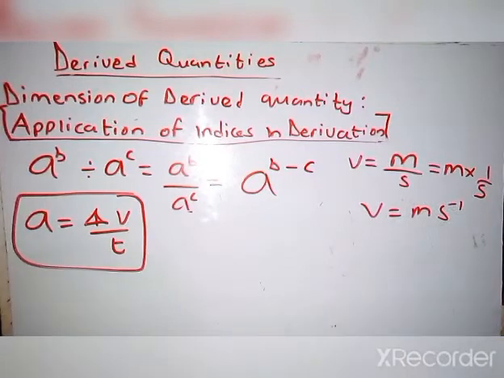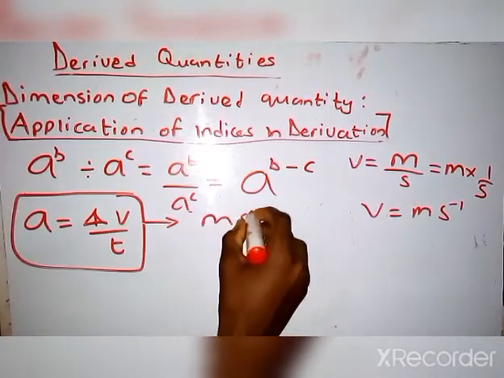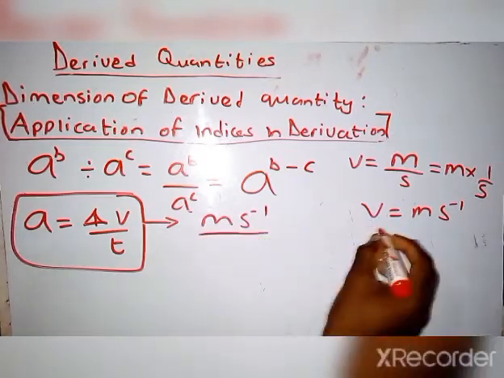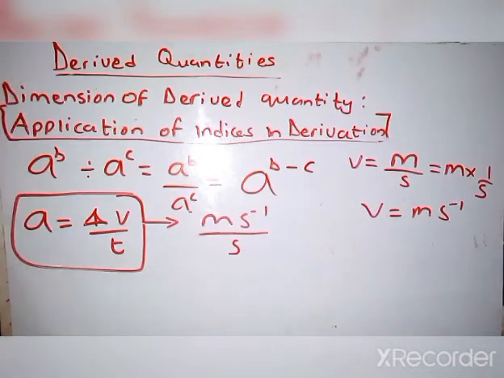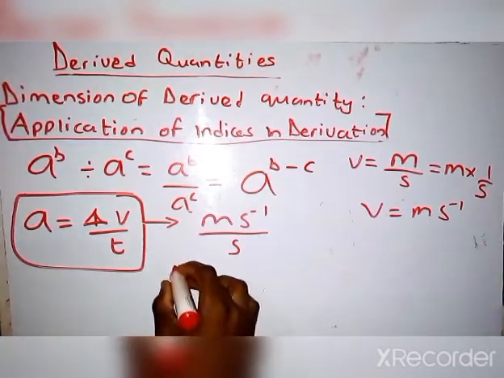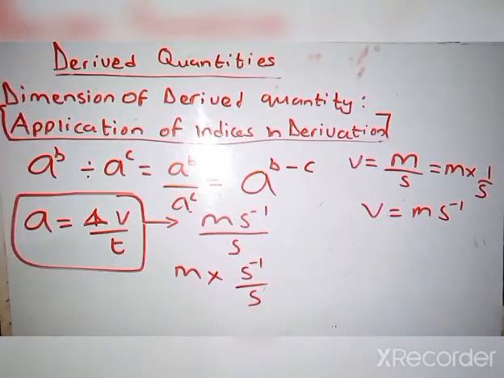Since we have this, we insert it here. We have meter per second over, this is measured in what, second. So here we can split. We now have meter times s raised to minus 1 over s. So here we can apply the division law since they have the same base. How do we apply it?